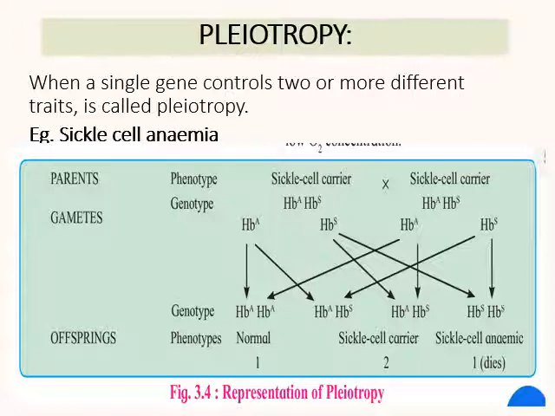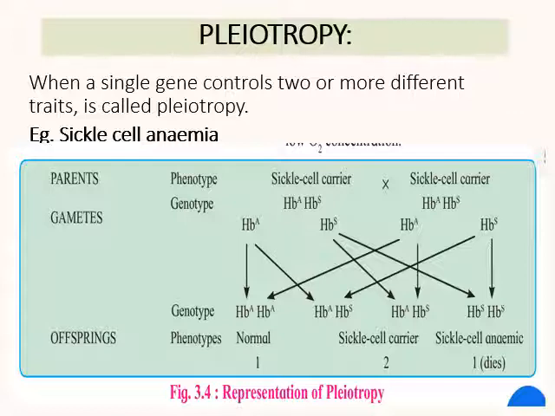Normal alleles are in the proportion of 1 and this normal shows the genotype HbA HbA, which is homozygous. When the sperm containing HbA allele fuses with the egg containing HbA allele, the individual formed is normal or homozygous HbA HbA.